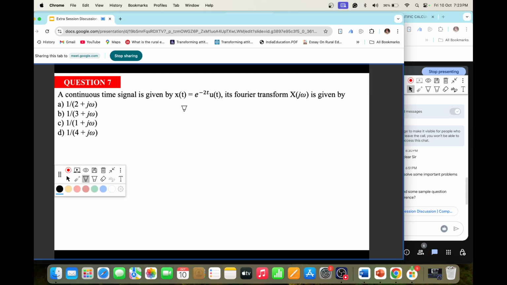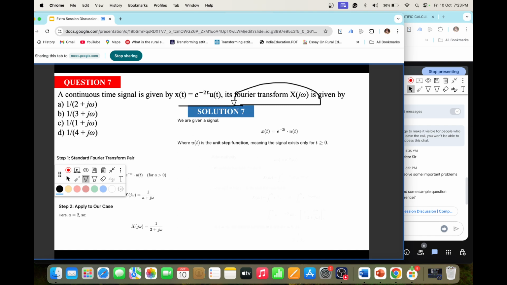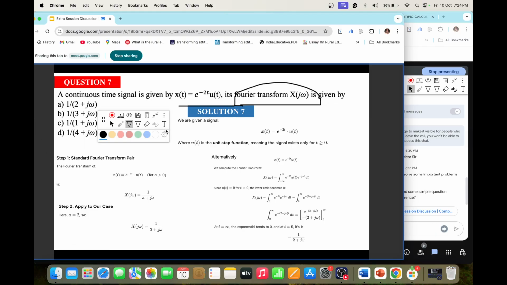Question number 7, it is very important, that is Fourier transform, image transform. This is the most important concept, that is Fourier transform. Just go through it, what is the Fourier transform and how to calculate the value. If you are given x(t), how to calculate the transform, that is X(j omega). Okay, so you can just check how to calculate it and you can just calculate the answer.